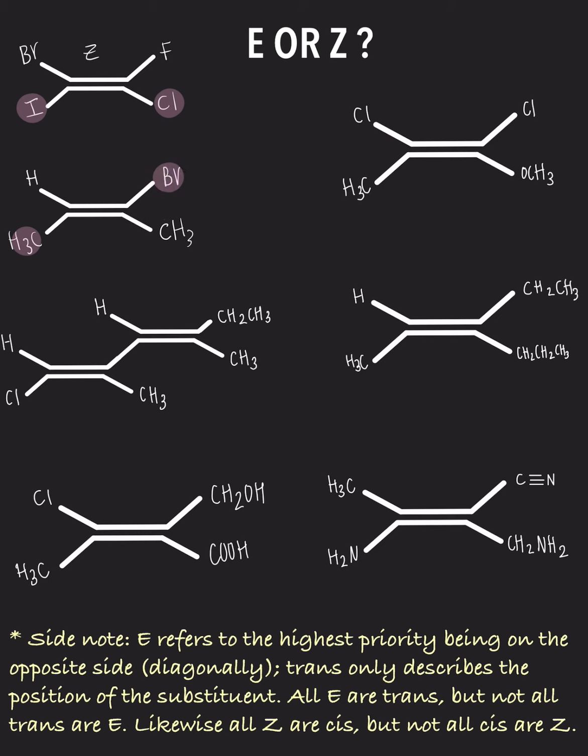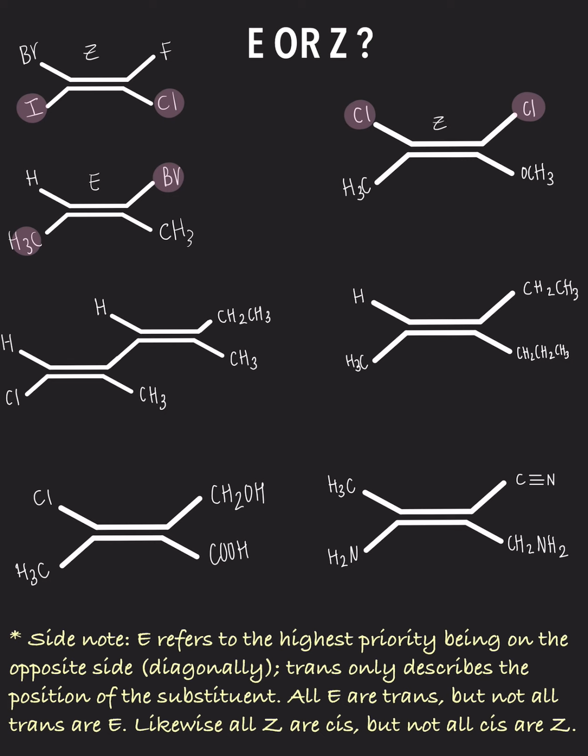A chlorine or attached to a carbon, chlorine. Okay. If you go to the next one, chlorine or attached to an oxygen, again, chlorine. Okay, so this one is E because it's diagonal from each other. And that's what I mean by opposite side. I mean that they're diagonal. And this one is Z. They're on the same side.